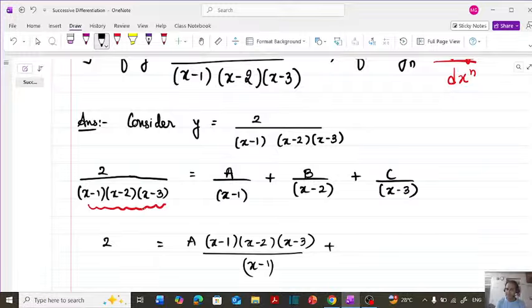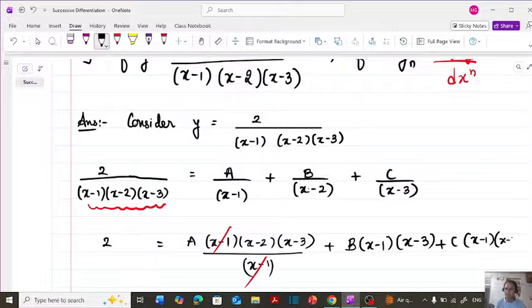For the first one I am showing you directly; the second and third I will do directly. So here you have b times (x minus 1)(x minus 3), and then c times (x minus 1)(x minus 2). So basically you get this combination.